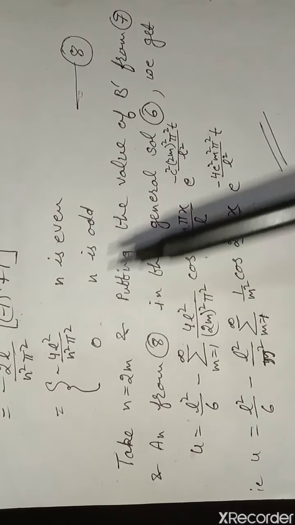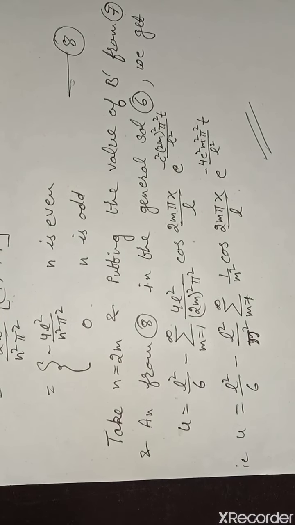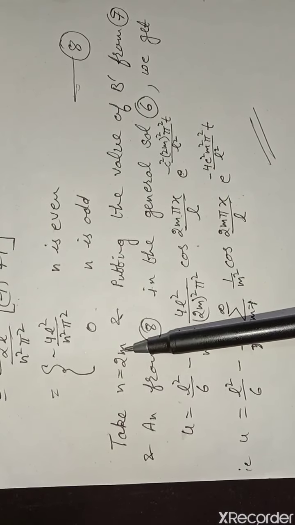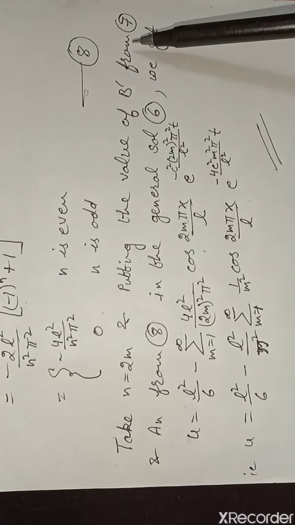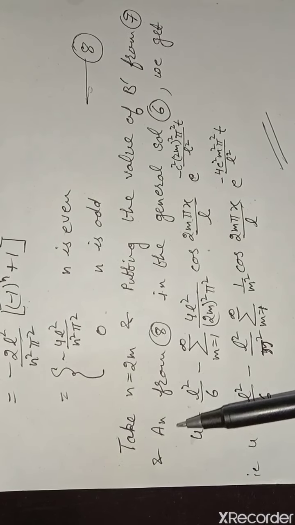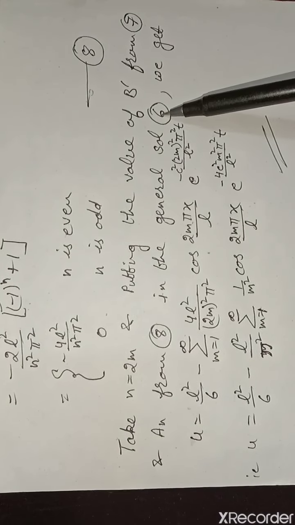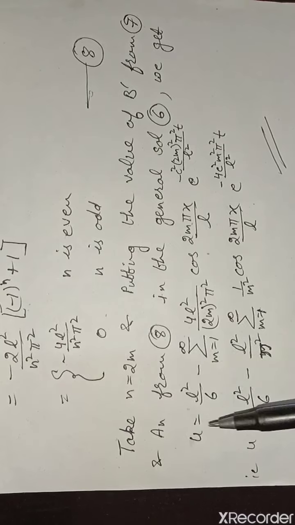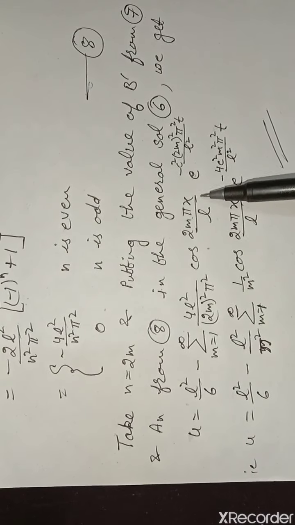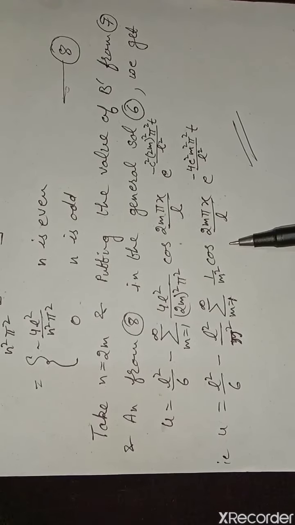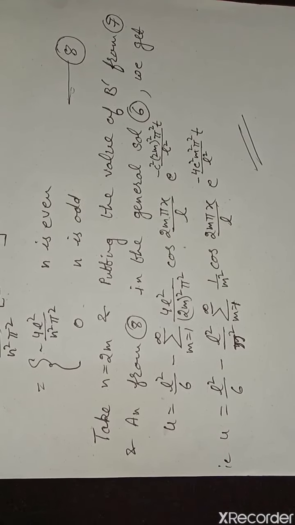Only those terms are left where n is even. So we take n is equal to 2m. Now substituting the value of b dash from 7 and an from 8 in the general solution, we get this. Here I have substituted the value of b dash and an. So now you have the required solution of the given heat equation.